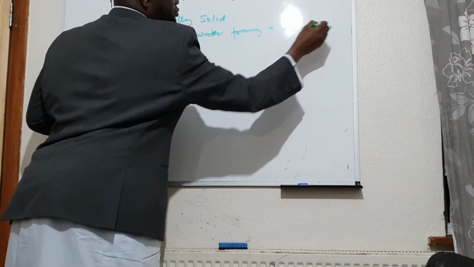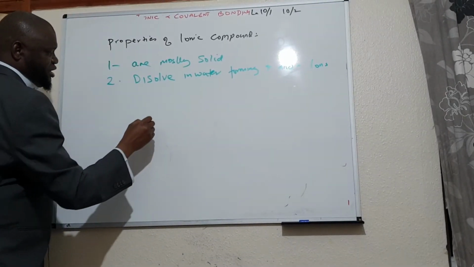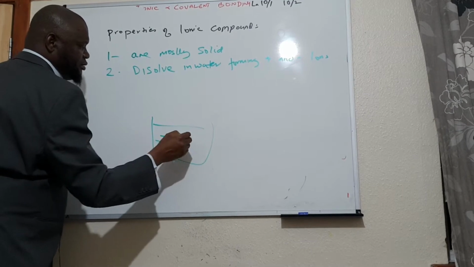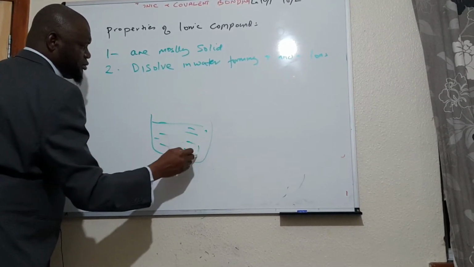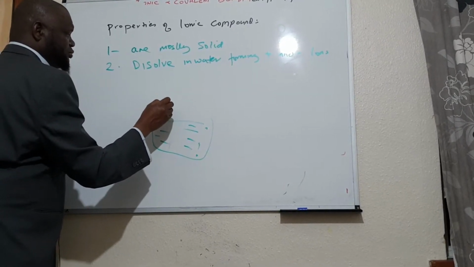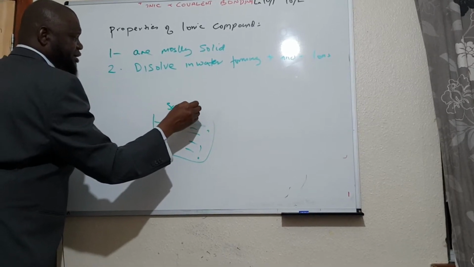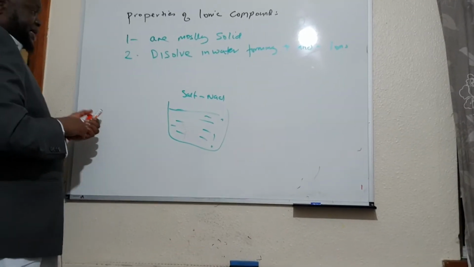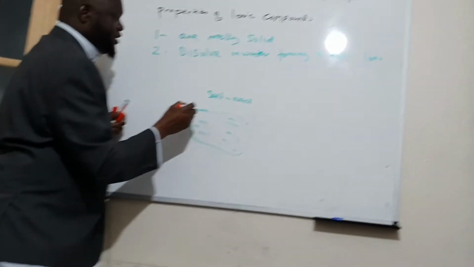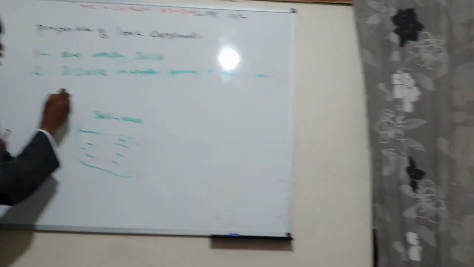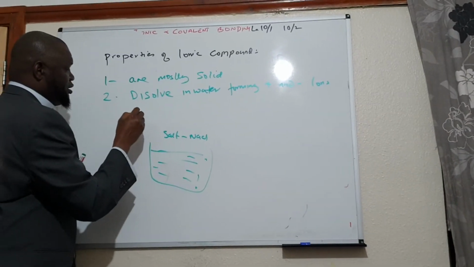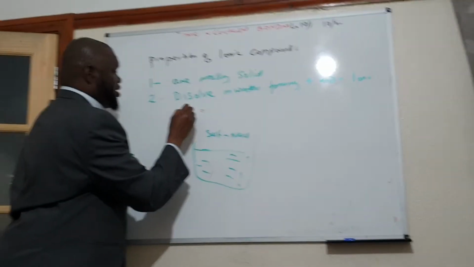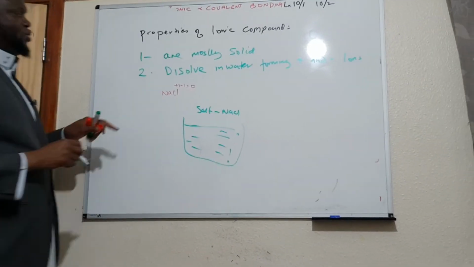So let's say you have a basin of water like this, and you put in salt, which is sodium chloride. In the water, what you will get will not be sodium and chloride joined together like this, with plus 1 minus 1 equal to 0, so no charge.